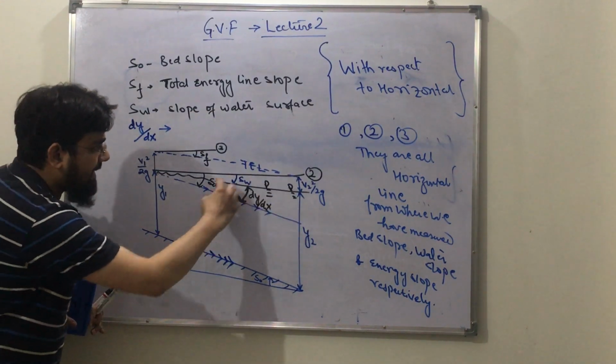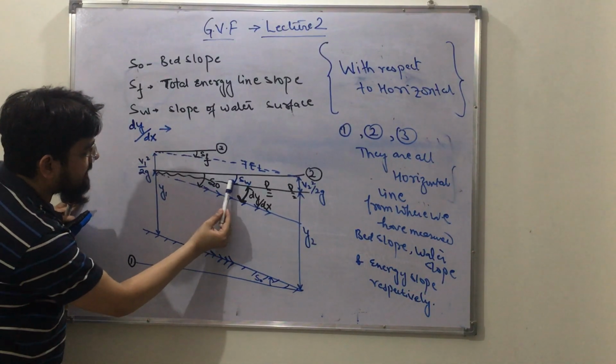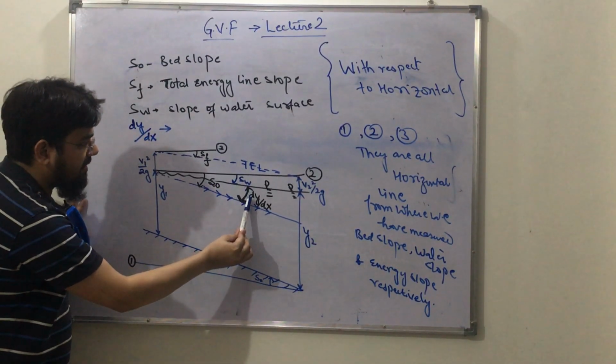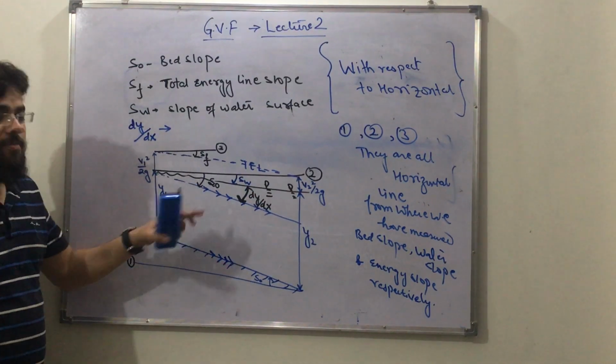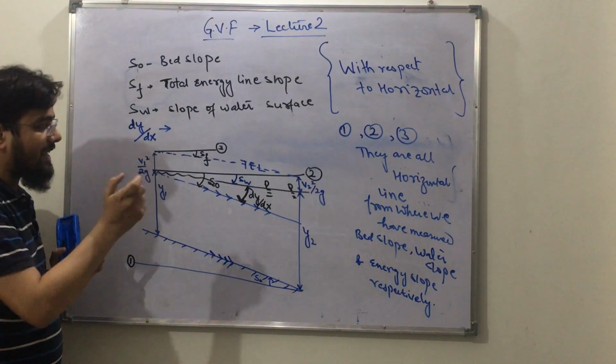And if I talk about rising water profile, I can say that this S0 minus SW is equal to dy by dx, or I can say SW plus dy by dx is equal to S0. This is a mandatory condition for proving that flow profile is a rising profile.